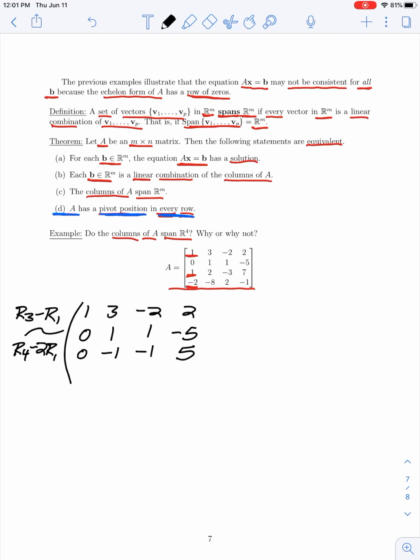I'm going to stick with row 1. So let's see what this leaves me with. I would have 2 minus 2 is 0. 6 minus 6 minus 8 is negative 14. Positive 4 plus 2 is 6. And a negative 4 minus 1 would be negative 5.